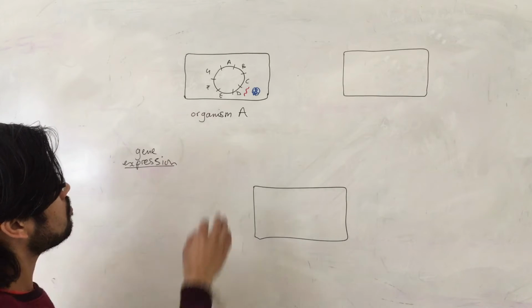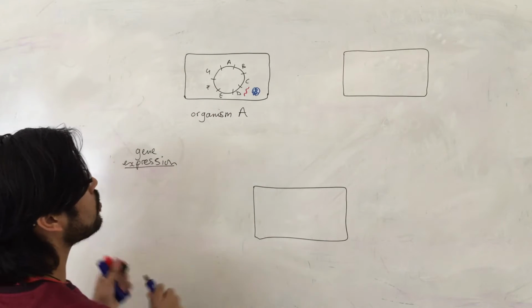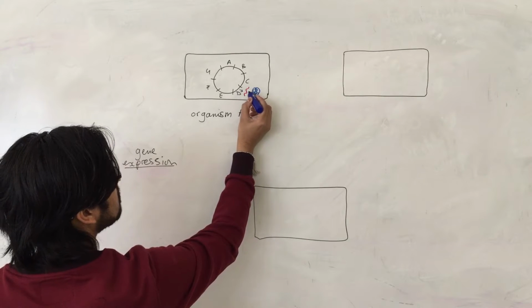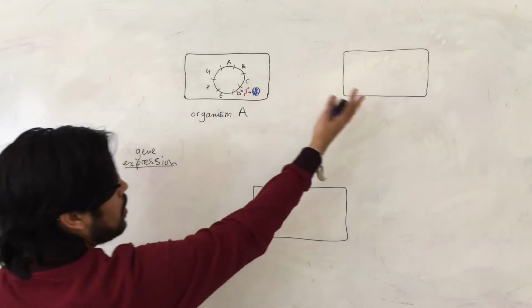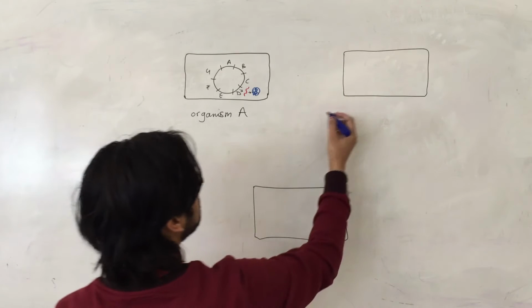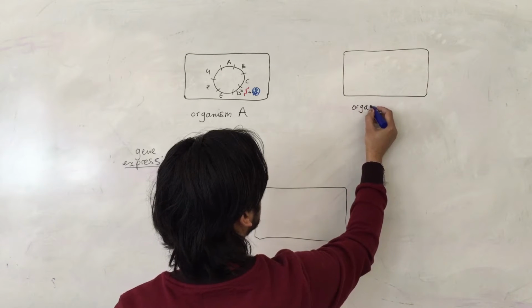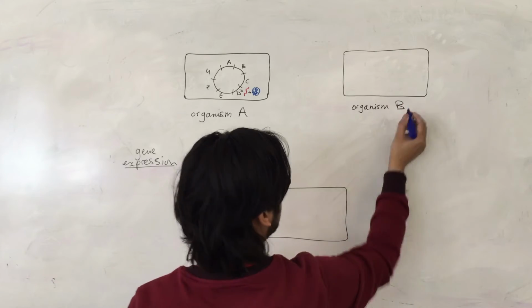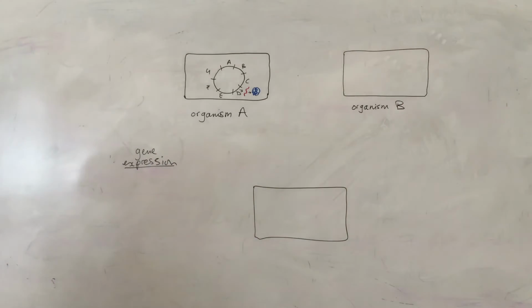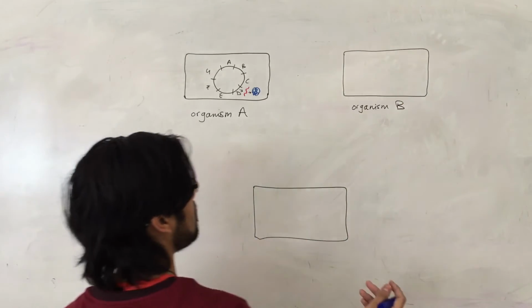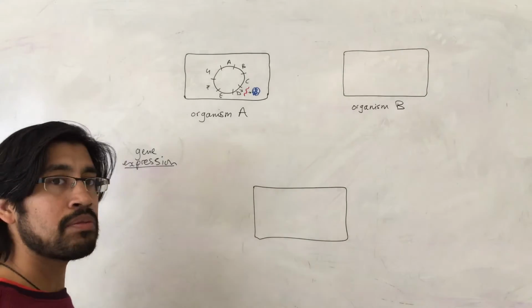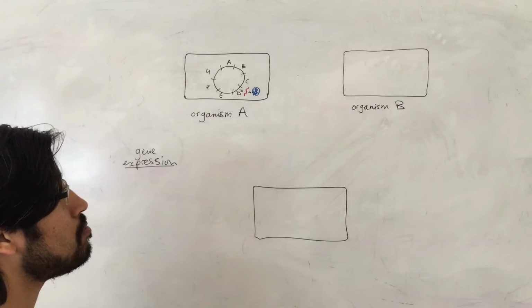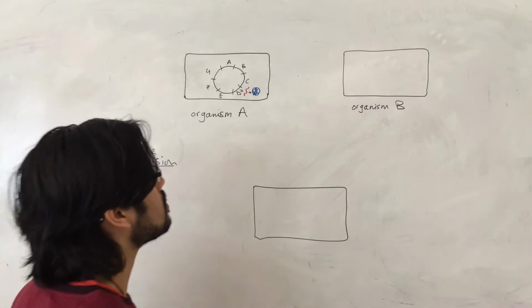Right, so we've looked at the simple example of organism A being able to express one of its genes, gene D, into a functional protein. We could have another organism B, a different species, and so we must assume that as well as having some common genes, as all organisms do, it's got some different genes that give it different characteristics and different functions.